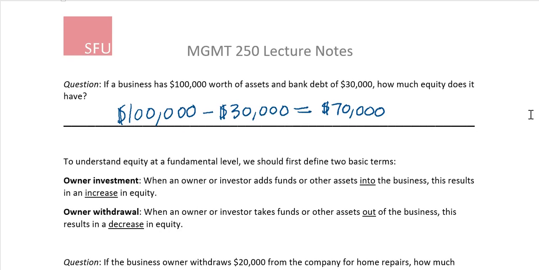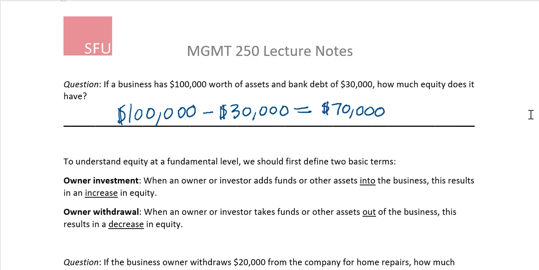So to finish up on equity here, to understand equity at a fundamental level, we should first define two basic terms. First, owner investment. When an owner adds funds or other assets into the business, this results in an increase in equity. And owner withdrawal.